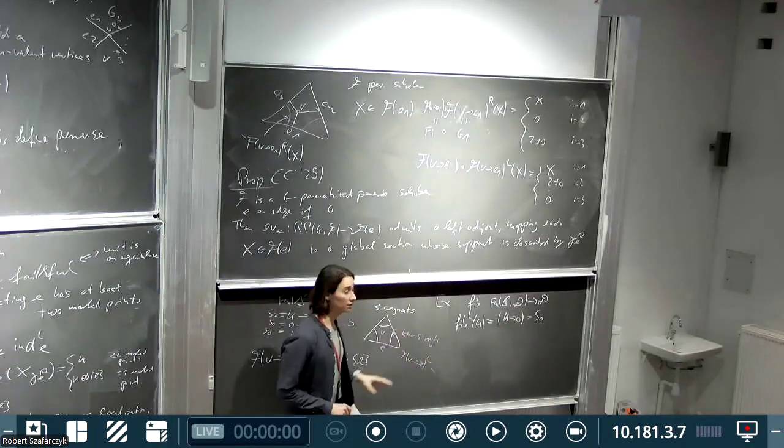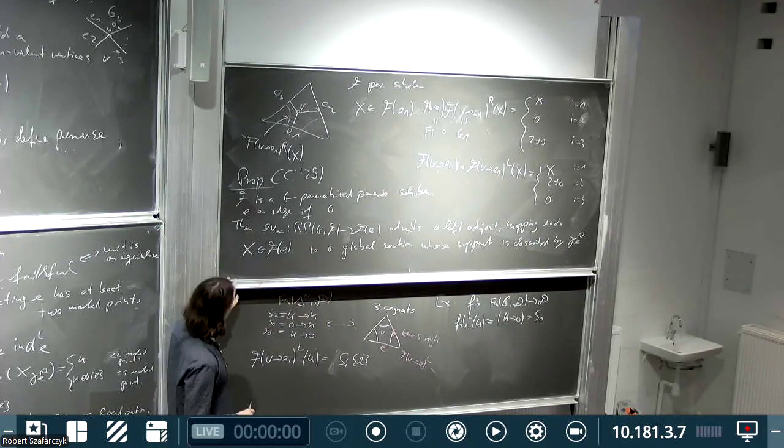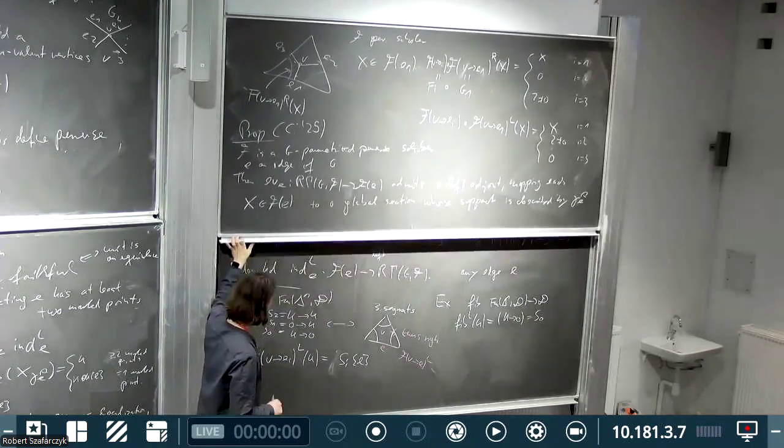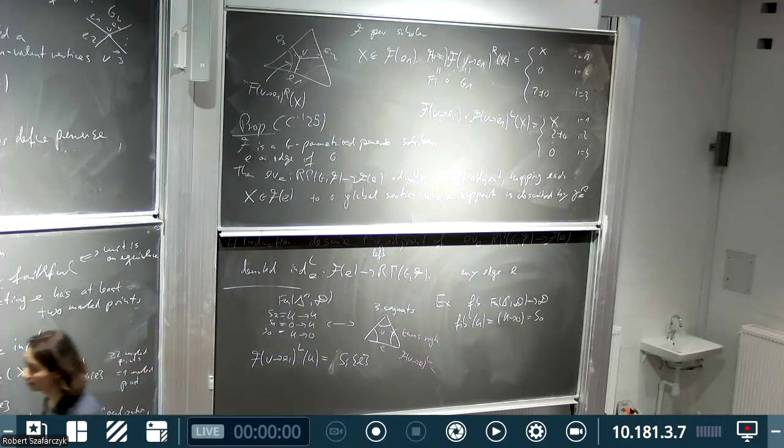And the same is also true if you look at induction from vertices. But what happens there? If I start at a vertex, I can also ask what happens if I take the induction. In the case of general algebras, nothing will happen because all objects from vertices already come from an edge. So it's kind of a trivial question to ask in that context. But here there will in general be objects at vertices which don't come from edges.